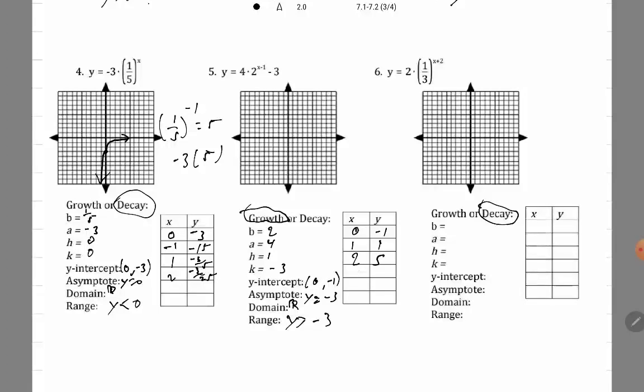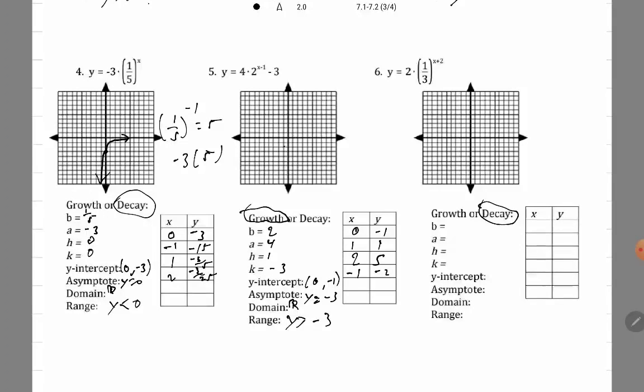There we go. And then if I put negative 1, I'll get 2 to the negative 2, which is 1/4. 1/4 of 4 is 1. 1 minus 3 is negative 2. Okay. And we'll get something like this.